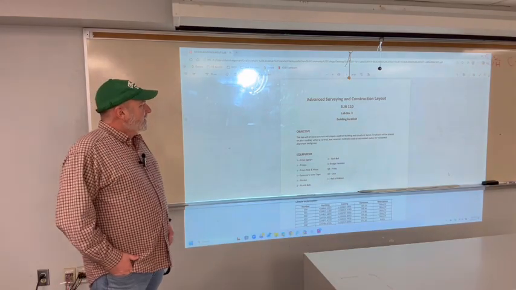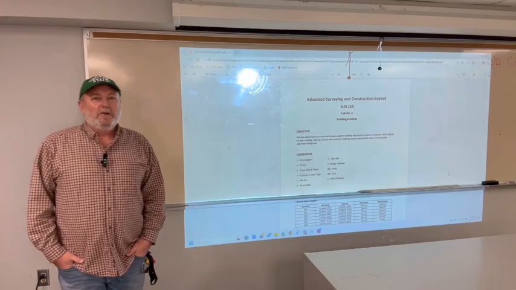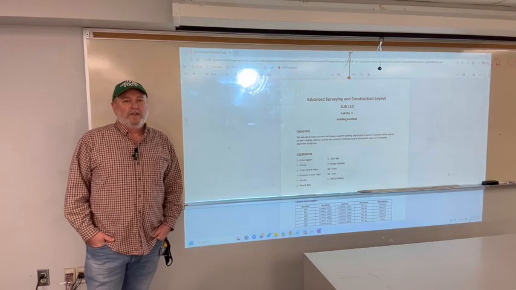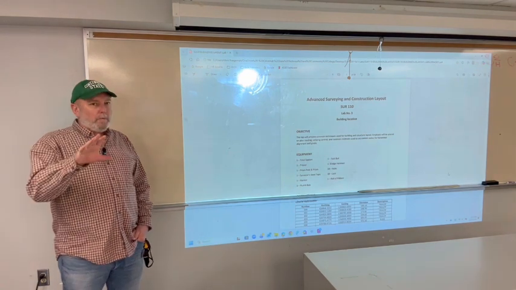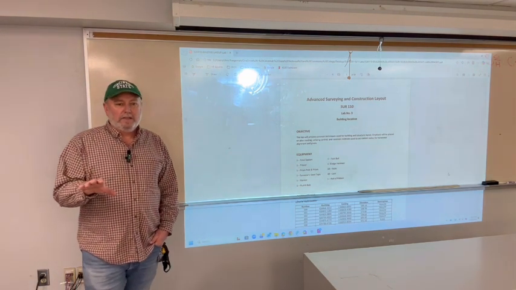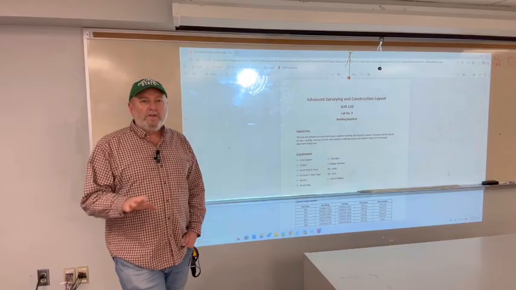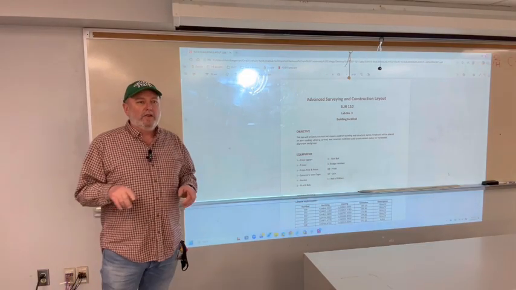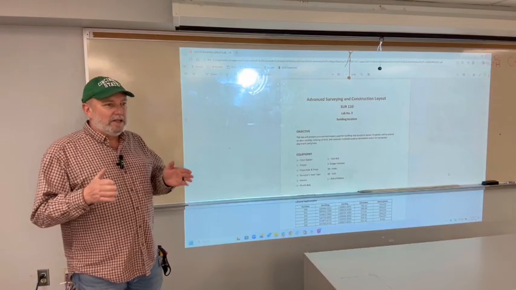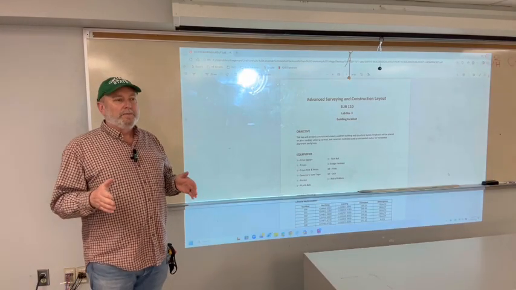Anyway, looking at building locations. So here's the plan for this lab. I want to go through this and do some hand calculations. If you have coordinates of some points and then you have the plan, calculate all the angles and distances as if you were laying this out in an old school conventional way.